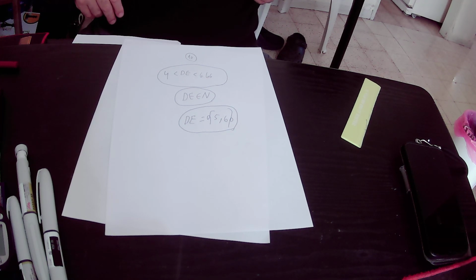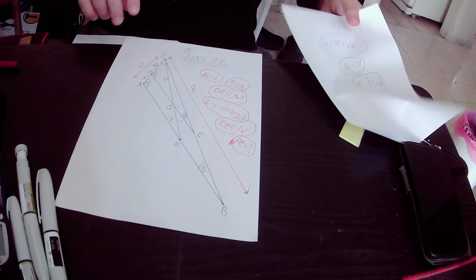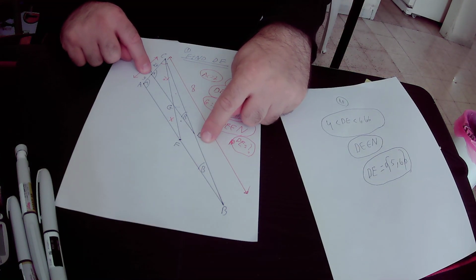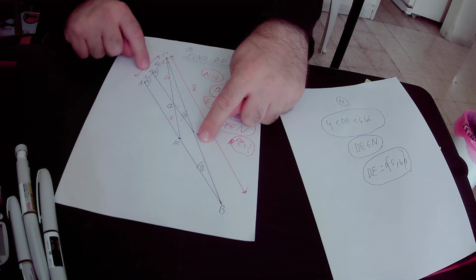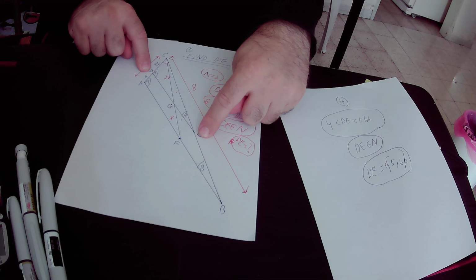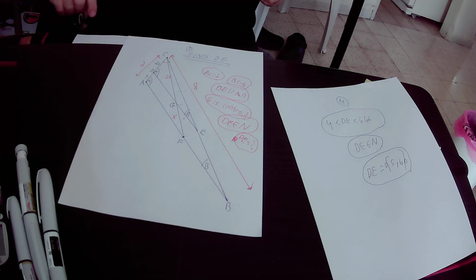So we found out that the size of this line segment DE is either 5 units or 6 units. Again, the size of DE is either 5 units or 6 units. Okay, so that is the answer to the question. Thank you very much.